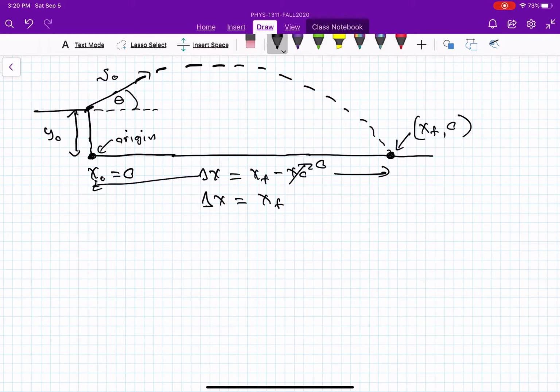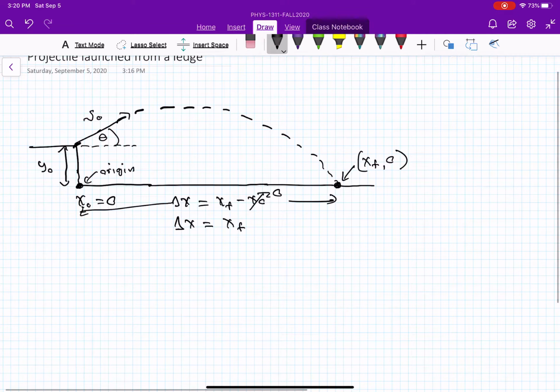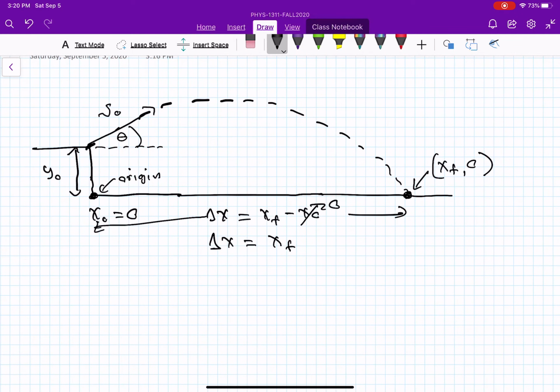So how can we find how far this thing goes? Let's write down what we know. So we know the entire initial velocity vector. To make this problem a little more concrete, let me give you some numbers that may make the calculation a little bit easier. I'm just going to use some simple numbers here.